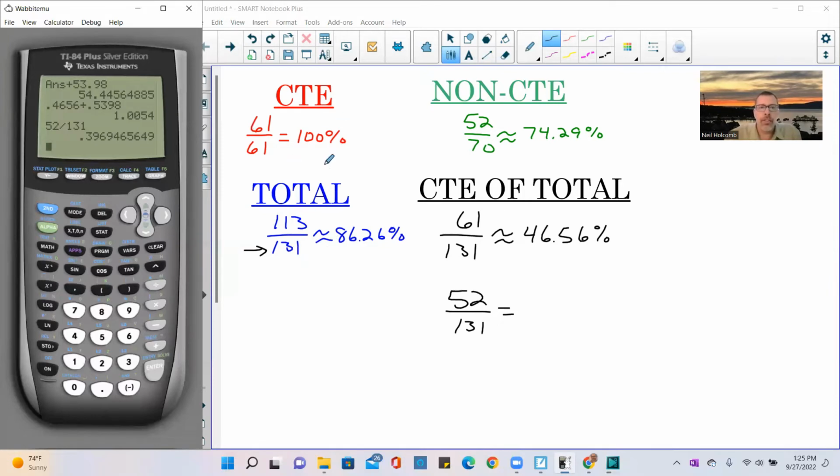So this is 61 out of 61 is 100%, 52 out of 70, 74.29%. The total is the two added, 61 plus 52 over 61 plus 70 gave us this, which is 86.26%. The CTE students is 61 out of the 131, which is 46.56%.